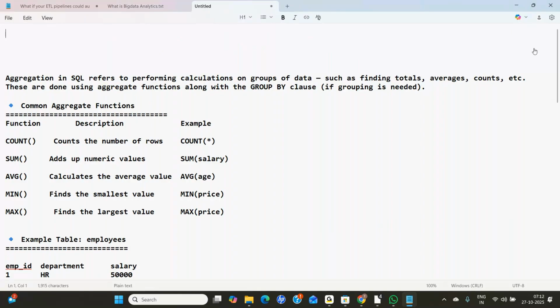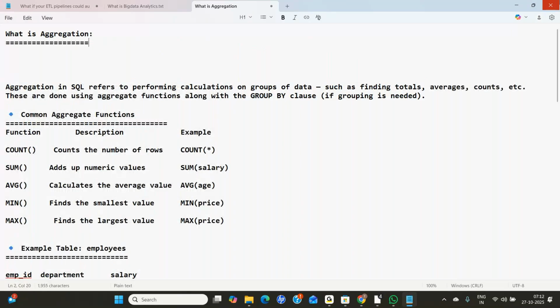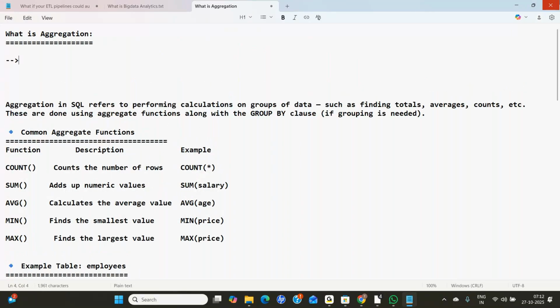Generally, let us discuss it in simple layman language. Ask the question yourself: what is aggregation? Then we'll talk about the bookish part. What is an aggregation, sir?